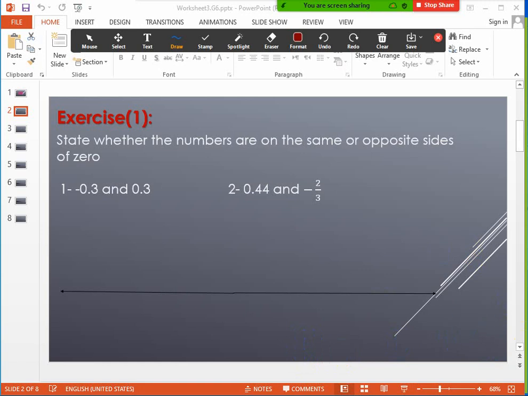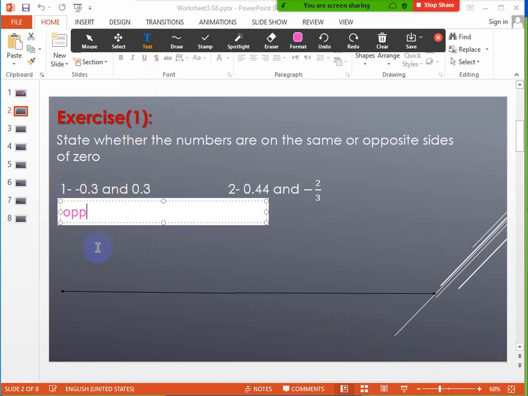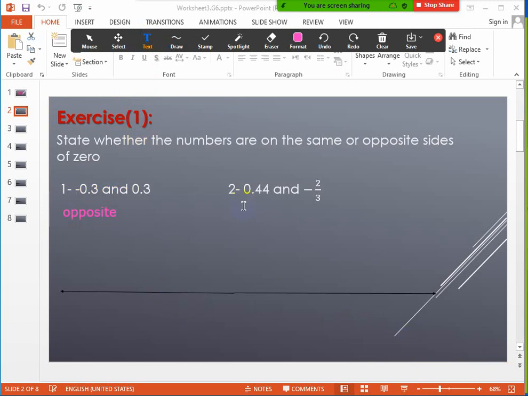Okay, that's okay. Don't worry, dear. So your answer is correct. Those two numbers are on the opposite sides. Very good. Because one number is negative and the other is positive. So they are on the opposite side.